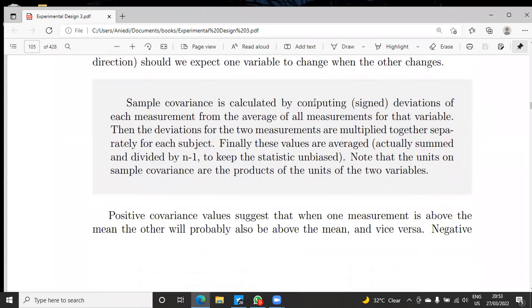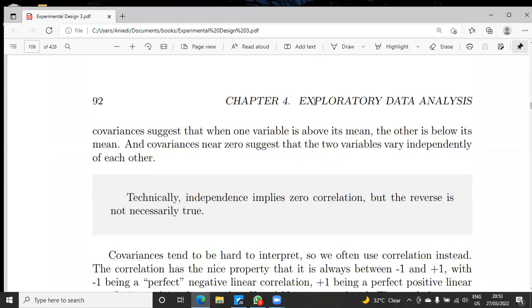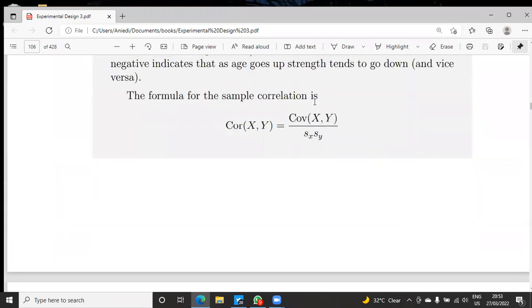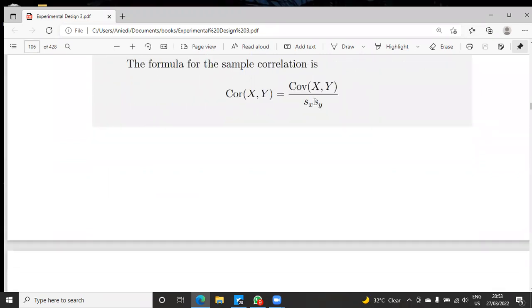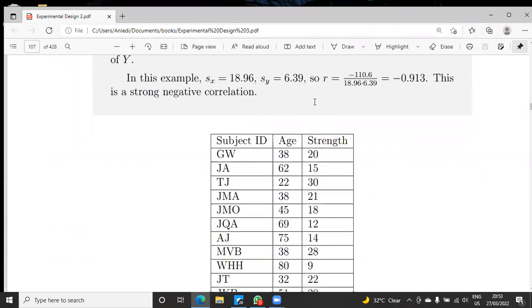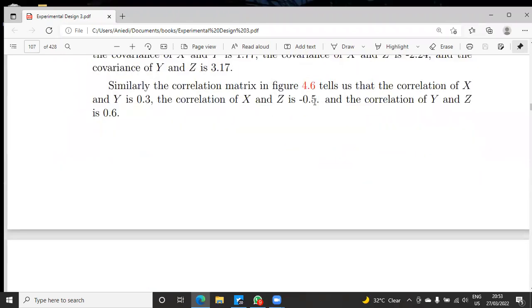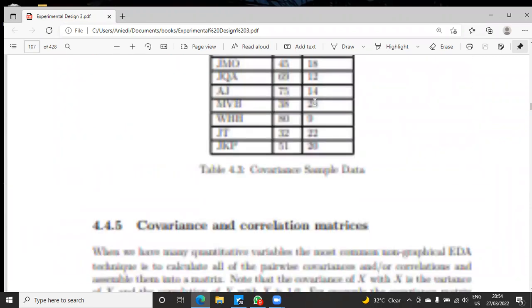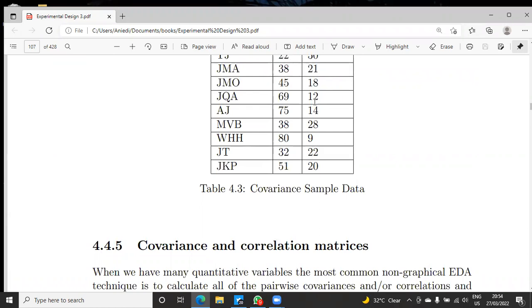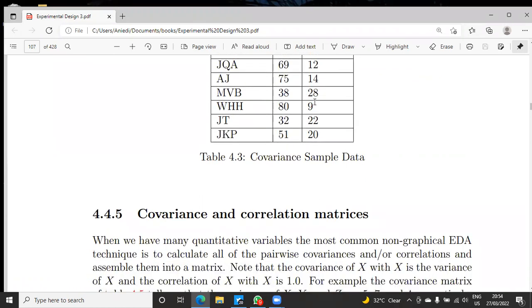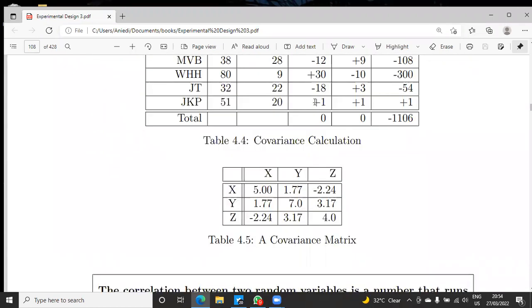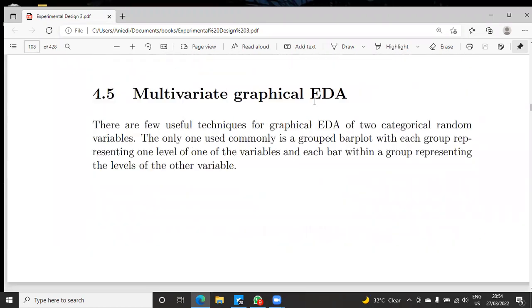So I think we have done something that we can explain. This is a covariance formula. So we won't go into much calculation, but they did something here and they did the covariance and the correlation.